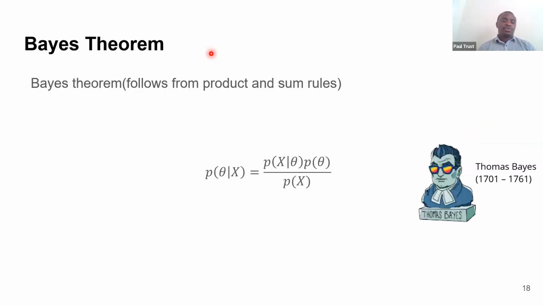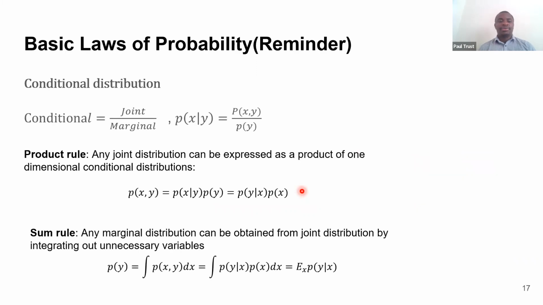Then we shall also look at how computing this P of X is hard because of the integration involved, which will lead to other methods like Monte Carlo, Markov chain Monte Carlo, variational inference, Laplace approximation, and very many others.